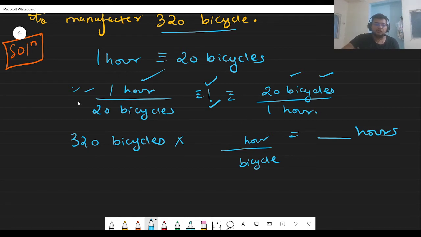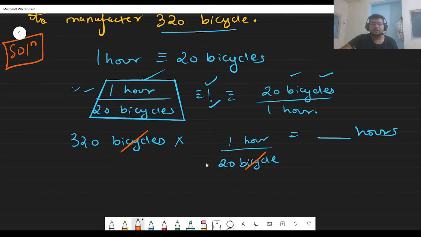So I will choose this ratio, because it has bicycles and hour in this form. Now I can solve it further and cancel out the term bicycle. 0 and 0 cancel, and 2 ones are 2, and 2 16s are 32. So I can write 16 hours. Hour is remaining still, and this 16 will be multiplied by 1.